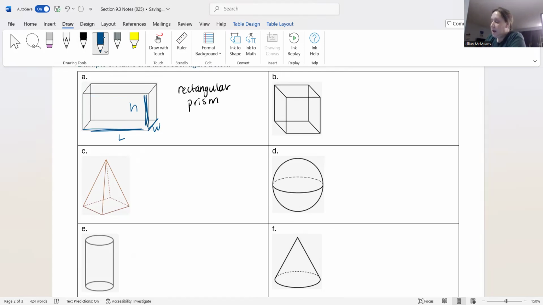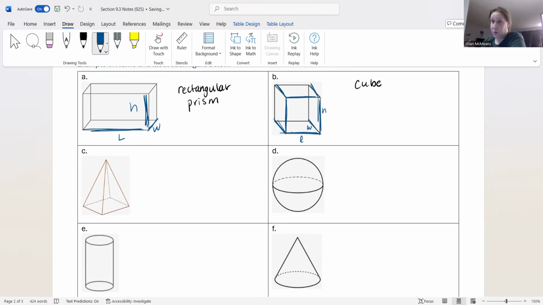Then we have over here a cube. A cube is a special type of rectangular prism where the length, the width, and the height, or the length, the width, and the depth, if you want to look at it that way, are all the same. You start with the face of your cube, which is a square, but now we have this depth that goes back in this direction, and it's going to have the same measure.